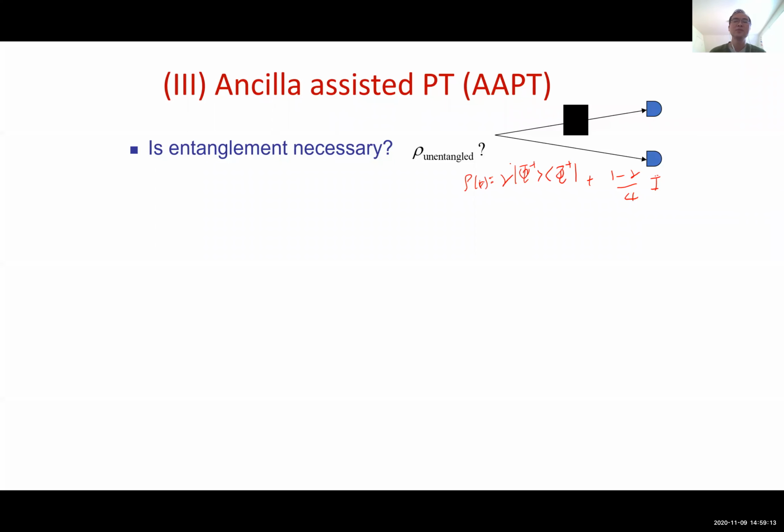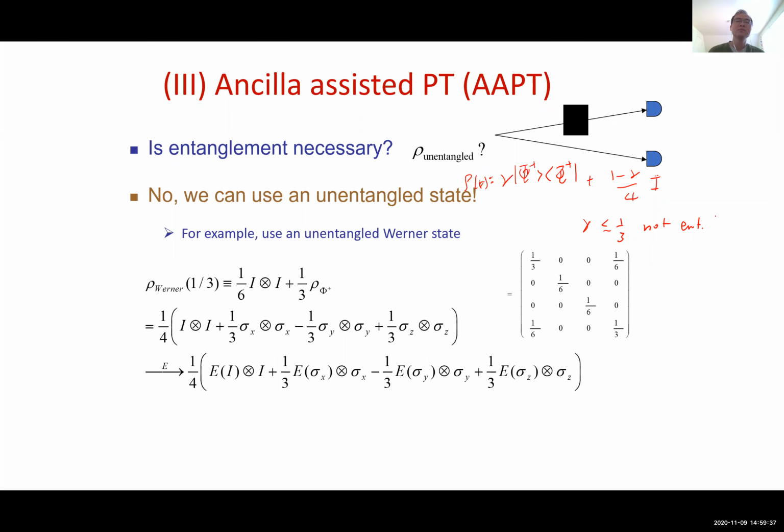Could we actually use this state for the process tomography? It turns out that we could use this even in the regime where it is not entangled. Remember when this R is less than 1/3, it's not entangled, right? So this is what I wrote here.